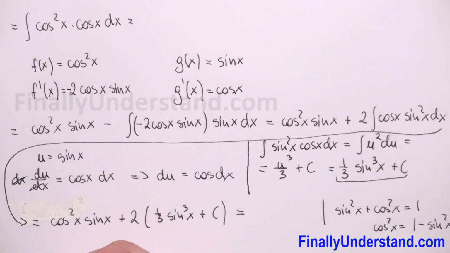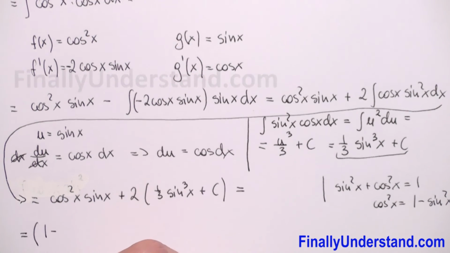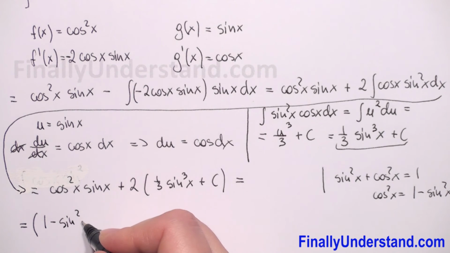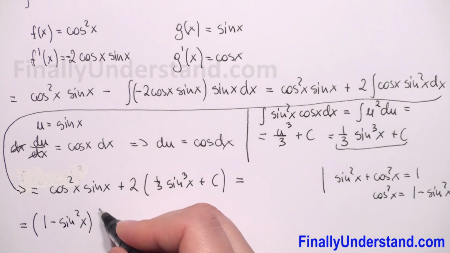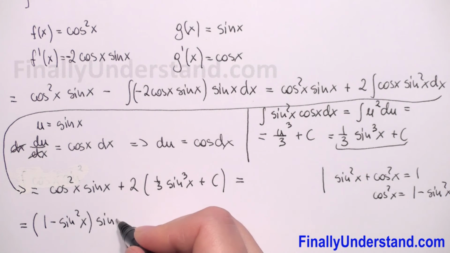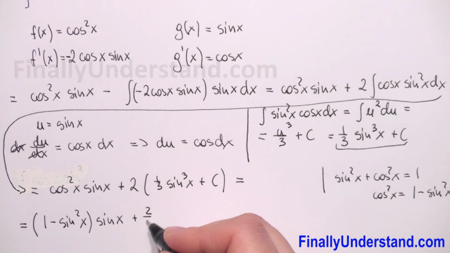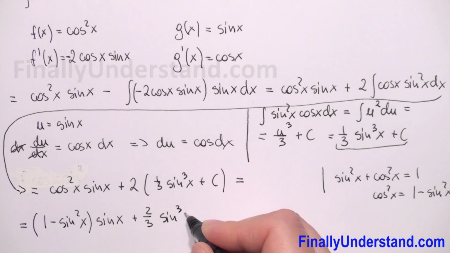So in parentheses we will have 1 minus sine square of x times sine of x, and we have 2 times 1/3, which is 2/3 sine cube of x.